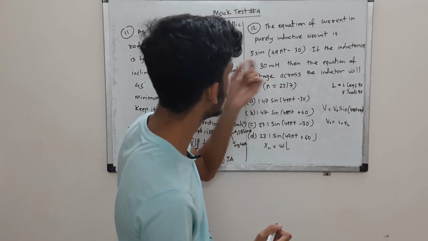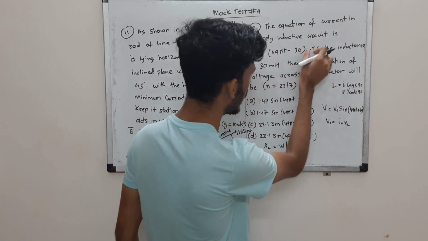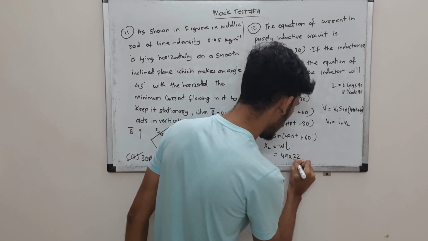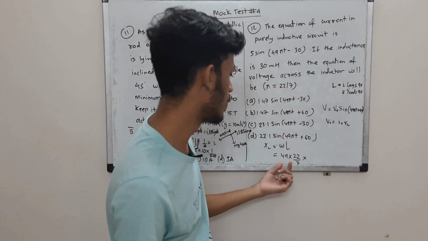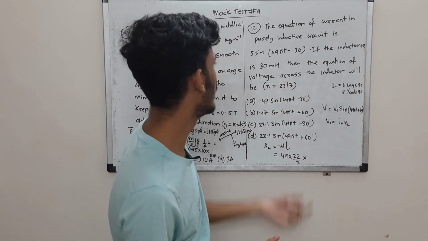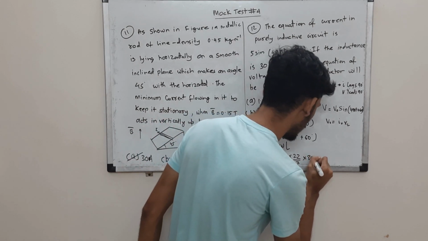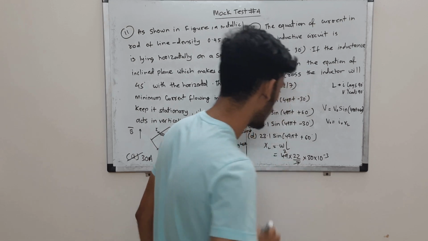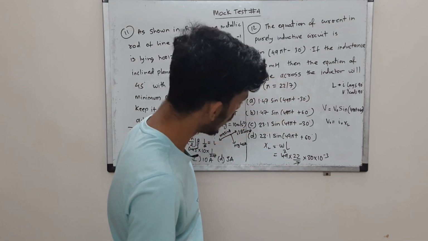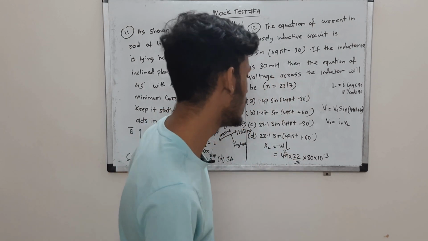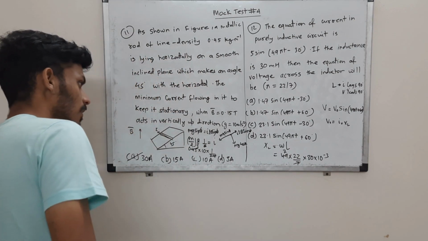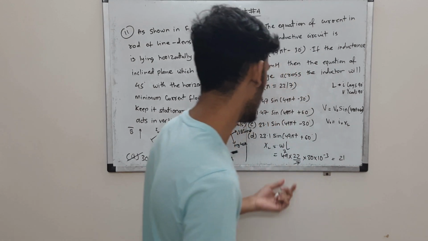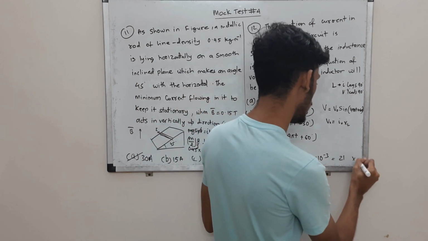Now omega, you can see it is 49 pi, right? Omega t minus phi. So omega is 49 pi, pi is taken to be 22/7, and so 49 pi is omega. L, we are given it as 30 millihenry, 30 into 10 to the power minus 3. So 7 7s are 49, 7 into 22, or I can say it's 7 into 7 3s is 21, right? 7 3s are 21, and we can cancel off one 0, 10 to the power minus 2.